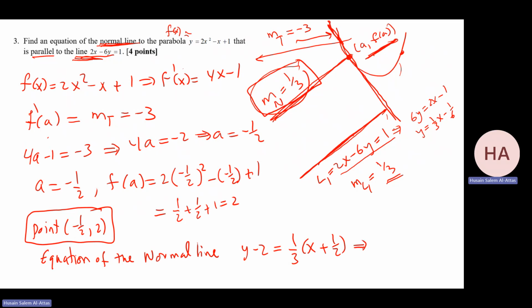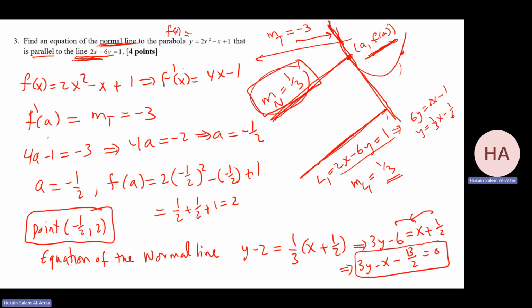So that implies multiply by 3, 3y minus 6 equal x plus half. So it means 3y minus x minus 13/2 equals 0. I took this to the other side, take everything to the other side. That will be the equation.